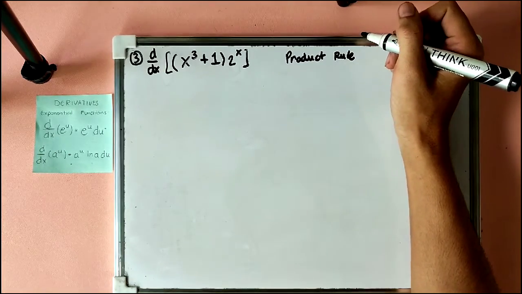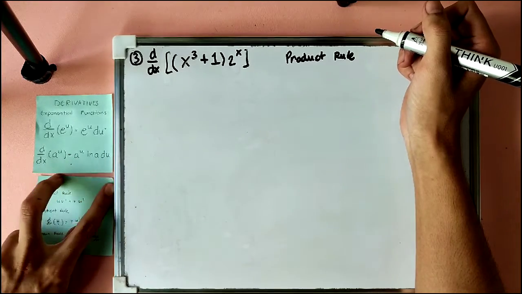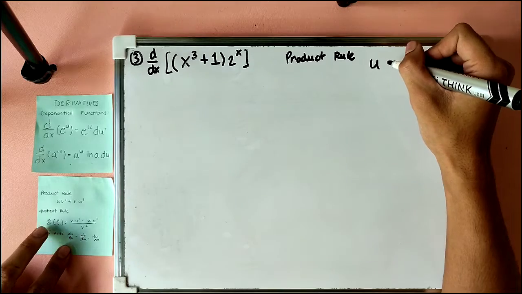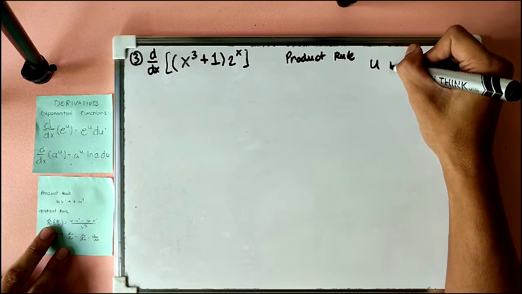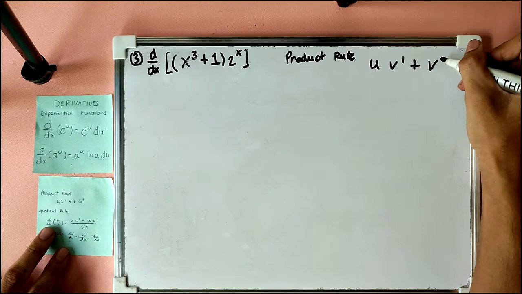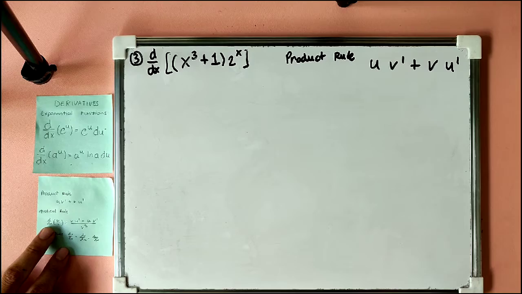Product rule. As we recall, the formula for our product rule is u times v prime plus v times u prime.